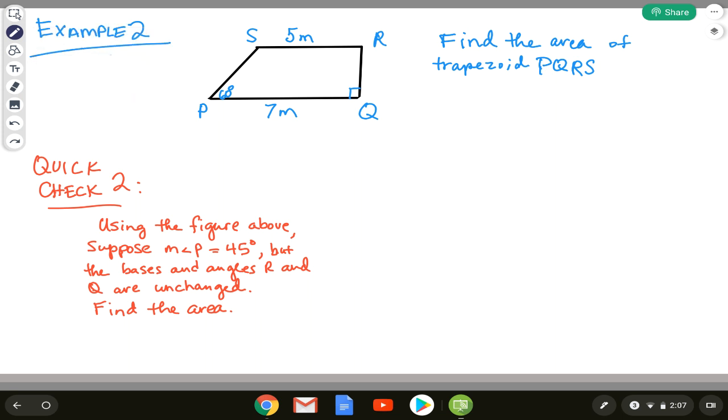Let's see if we can draw the height in. All right, so I'm dropping down from S down to the base, and I make a right angle there. Since this is a right triangle, this top angle has to be 30 degrees.